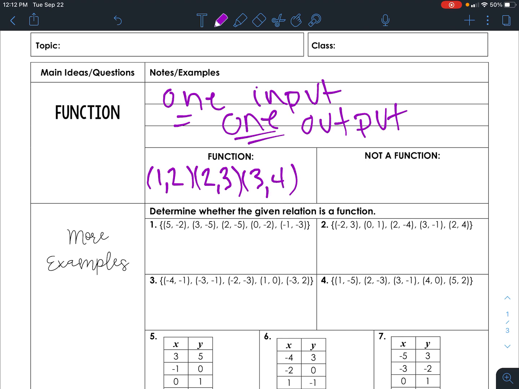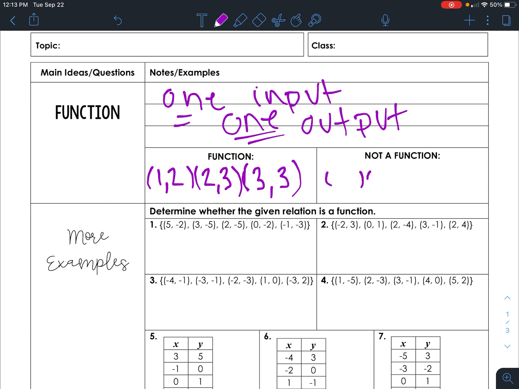It could even be, if I wanted to be tricky, (1, 2), (2, 3), (3, 3), right? Because we have x values that don't repeat, and each x value just has one y value. So 1 is 2, 2 is 3, 3 is 3. And that is fine. So that is a function.